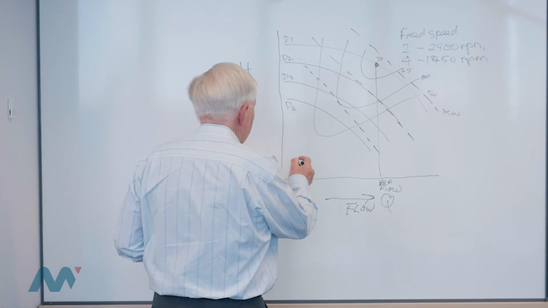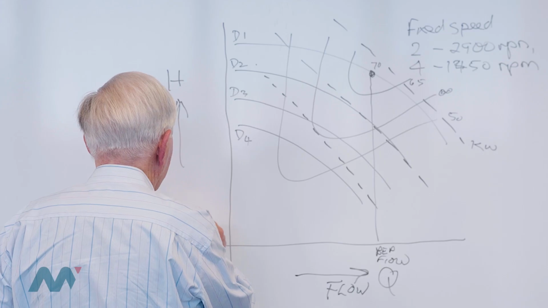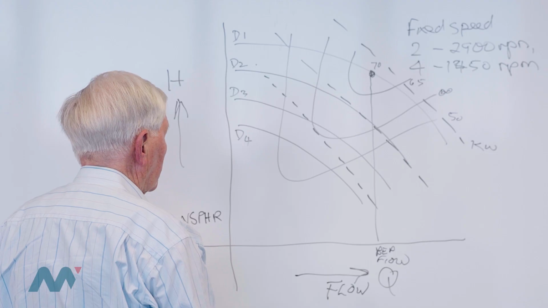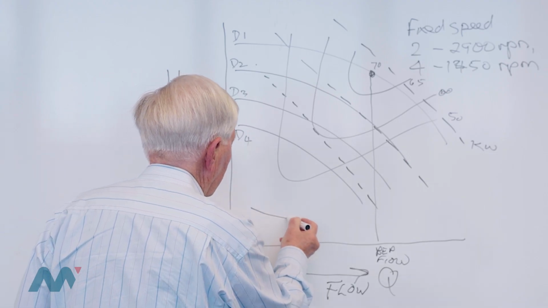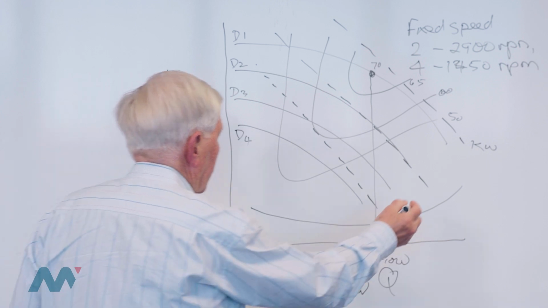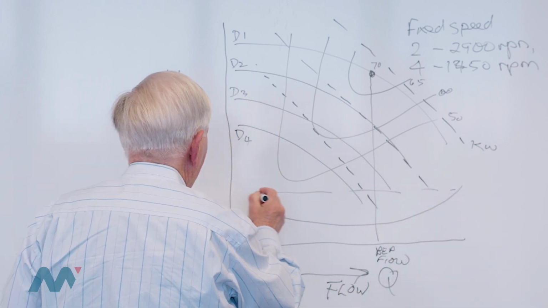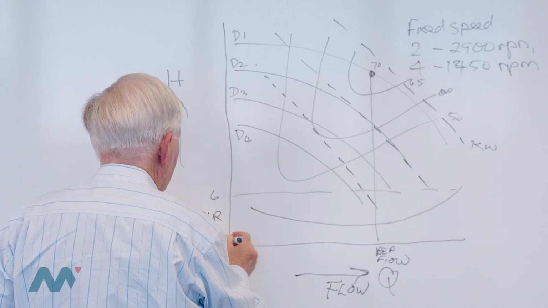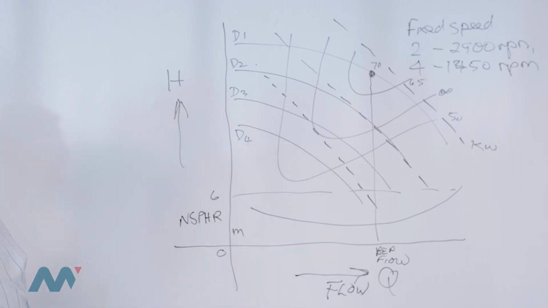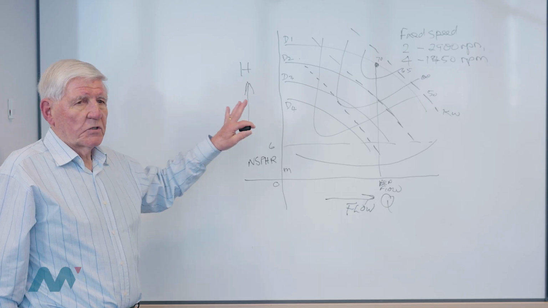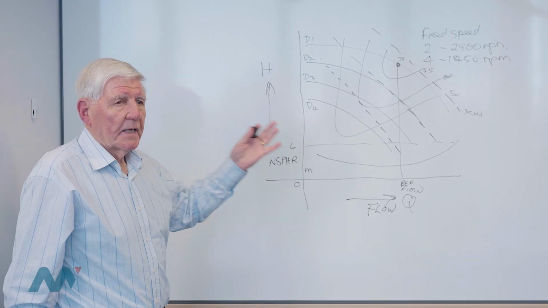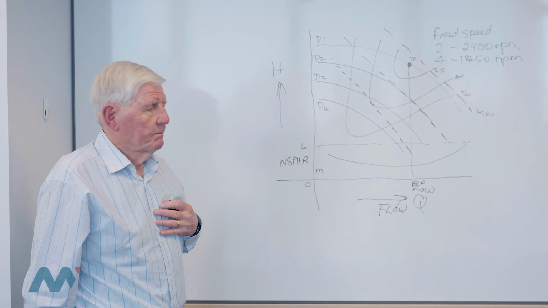Down the bottom, we're going to have an NPSH curve, and this is NPSHR for the pump over the operating range, and that would normally be a dish shape like this and vary from 6 down to 0 meters. Typical NPSH range, okay? So all this information is provided in a published performance curve issued by the manufacturer.